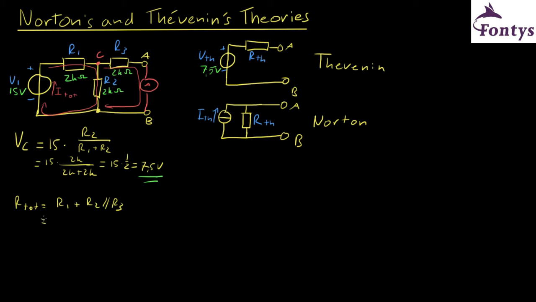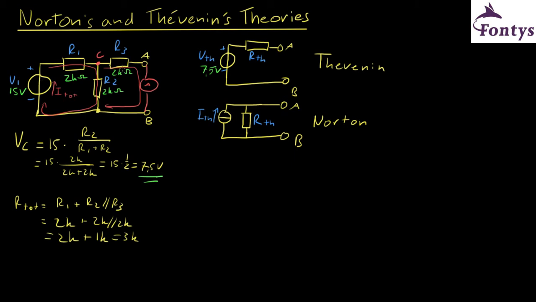So the total resistance is R1, which is 2 kilo ohms, plus 2 kilo ohms in parallel to 2 kilo ohms, which is 2 kilo ohms plus 1 kilo ohm, because 2 kilo ohms in parallel to 2 kilo ohms will be 1 kilo ohm. That is 3K.